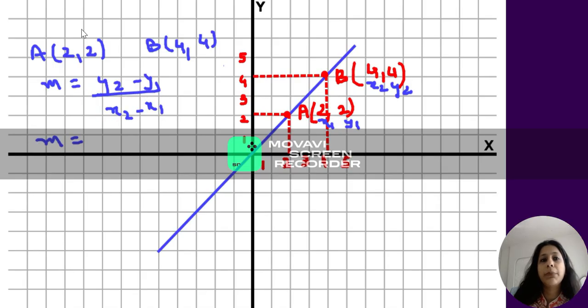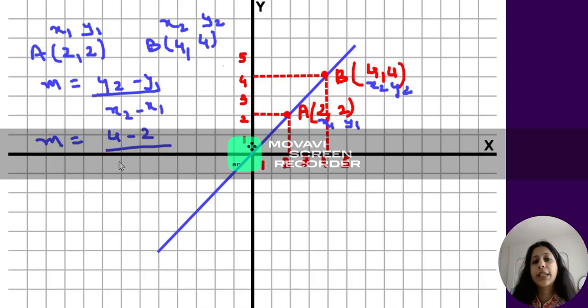Let's take this as x1 and this is y1, this is x2 and this is y2. So the gradient will be y2 minus y1, so in this case 4 minus 2 upon x2 minus x1, again 4 minus 2. So it comes out to be 2 upon 2. So my gradient is 1. So for the given line, the gradient is equal to 1.